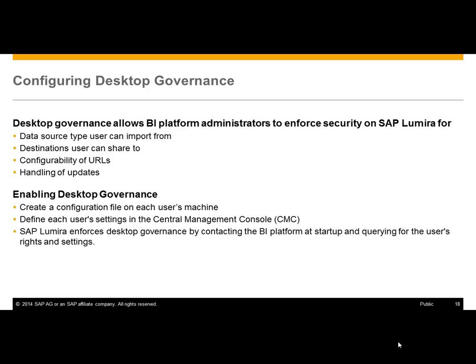Here we could see that with the latest Lumira 1.19, we also have this new desktop governance specific for the BI side, so that administrators can enforce the security for SAP Lumira, especially for the desktop, where they could monitor what kind of data source the end user is able to access.